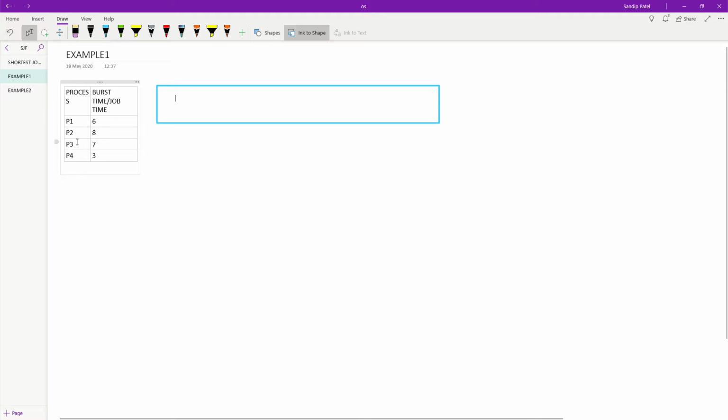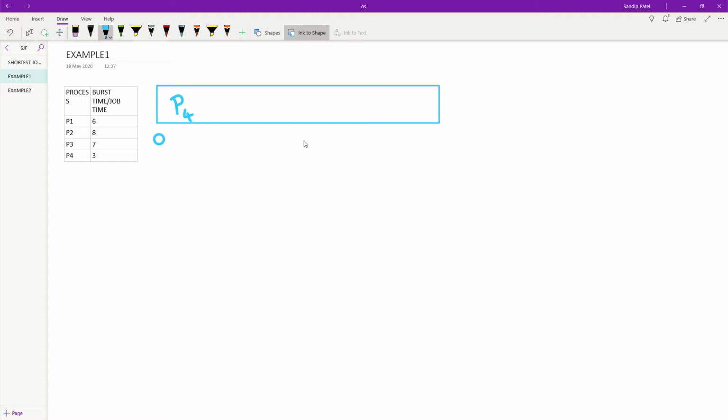Now out of these, which process will be selected? Our algorithm tells us to select first the process which requires the minimum burst time. Out of these four, the minimum burst time is 3 milliseconds, for process P4. So the first process to enter the CPU at 0 milliseconds is process P4.